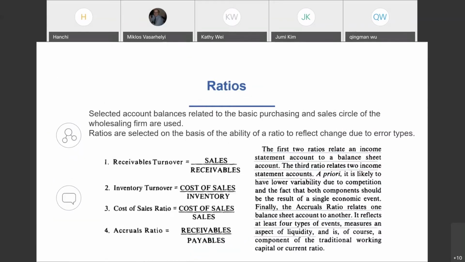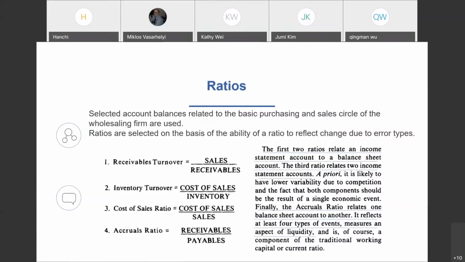Okay, now we go to the most important part, which is the ratio. We know that here in this paper, we select account balances related to the basic purchasing and sales cycle of the selling firms that are used.